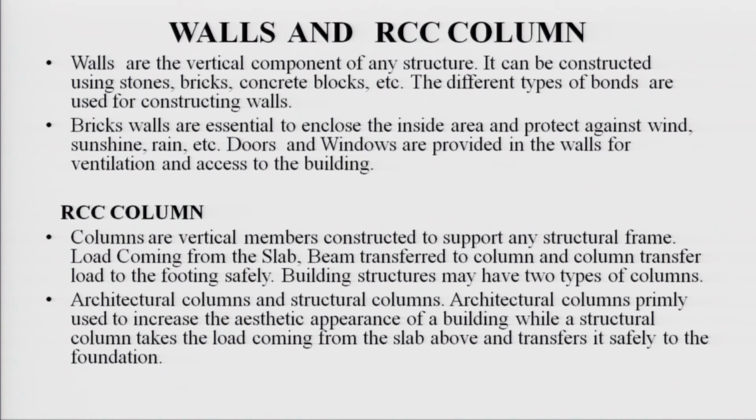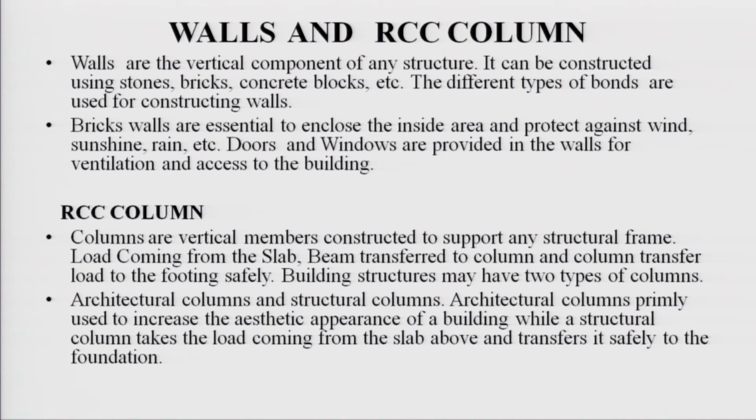Now, RCC column. Columns are vertical members constructed to support any structural frame. Load coming from the slab and beam transfers to the column, and the column transfers the load to the footing safely. Building structures may have two types of columns.